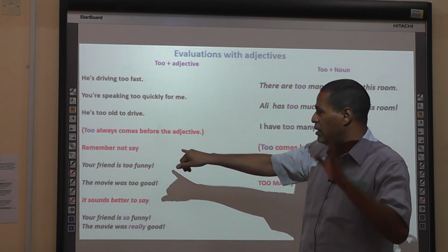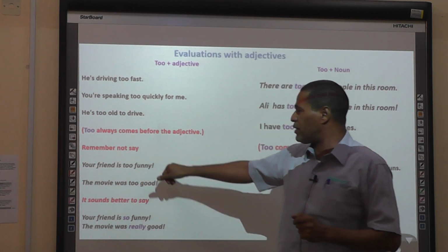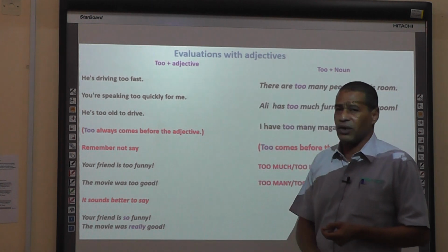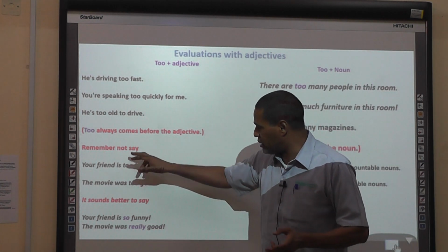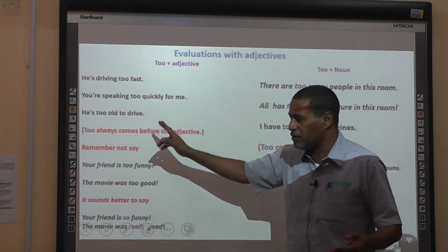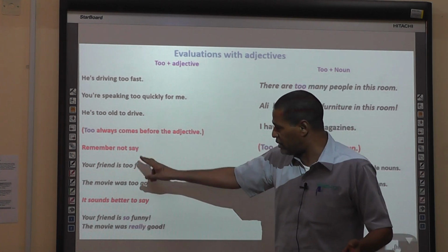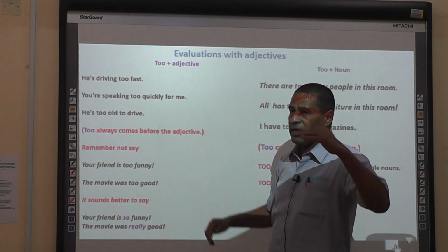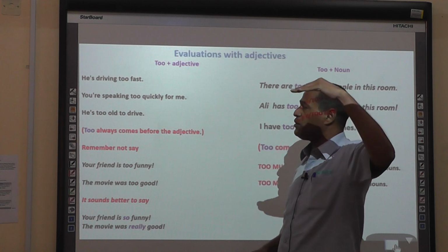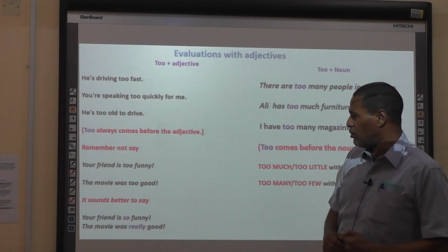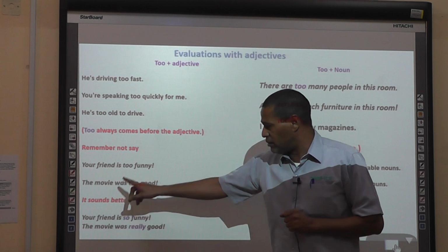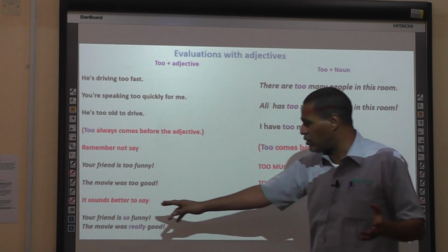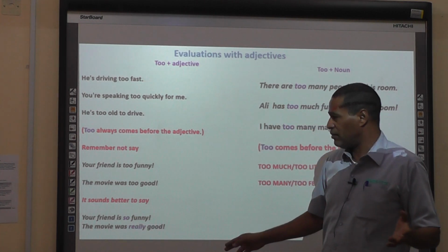But remember not to say "your friend is too funny" or "the movie was too good." Why? Because native speakers usually do not use "too" in this sense. They use it, as we said, to mean more than what you need or more than what you want. It is better to say "your friend is so funny" or "the movie was really good."